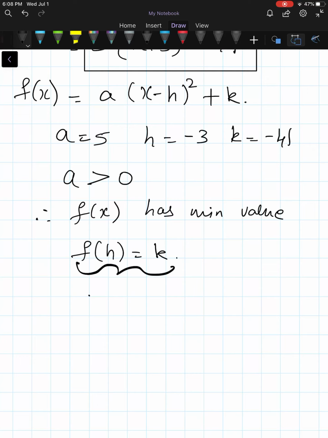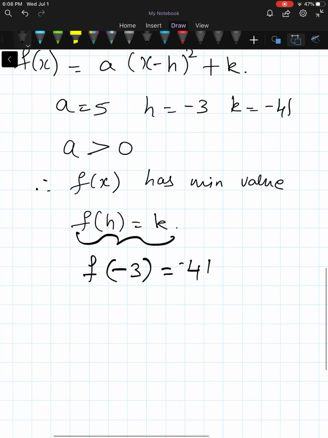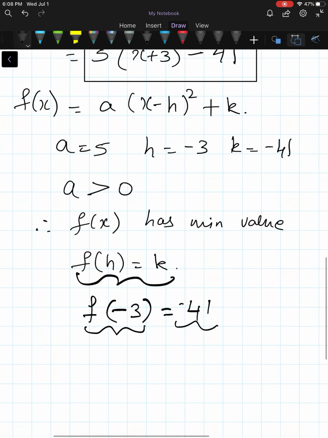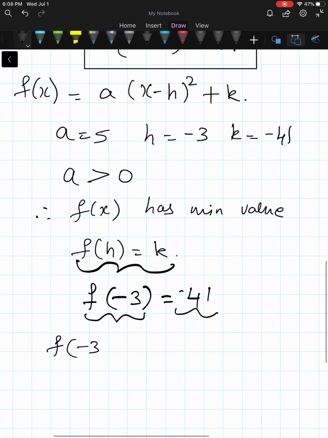Let us verify that f of negative 3 should be equal to negative 41, so we shall verify whether LHS equals RHS. To calculate f of negative 3, substitute negative 3 wherever you have x. Our equation was 5x square plus 30x plus 4.